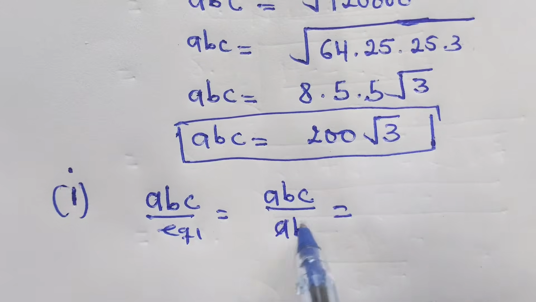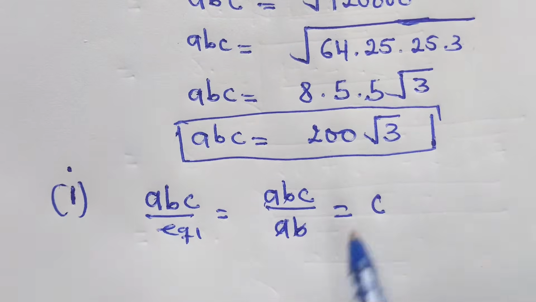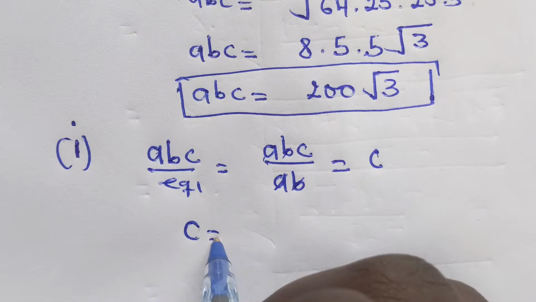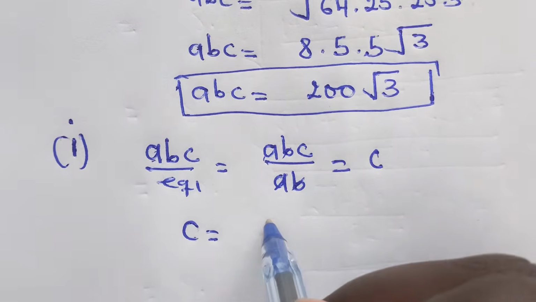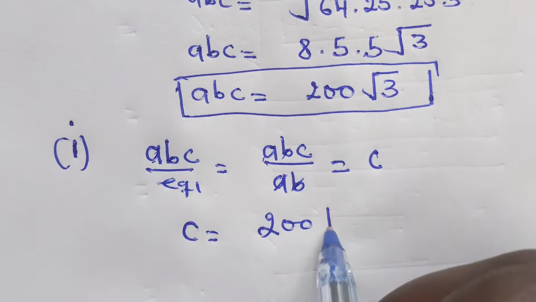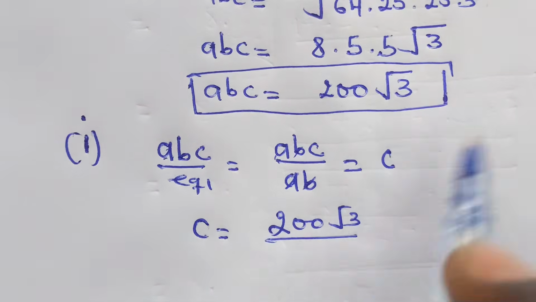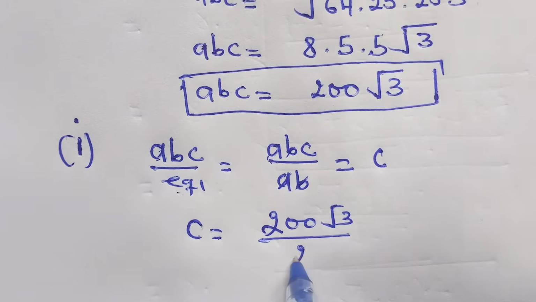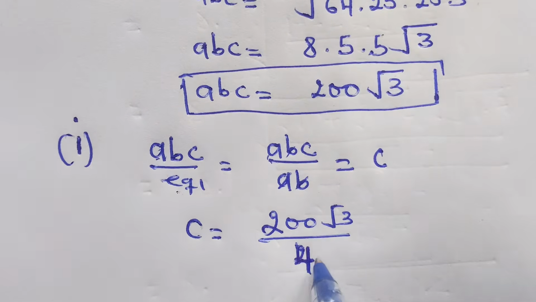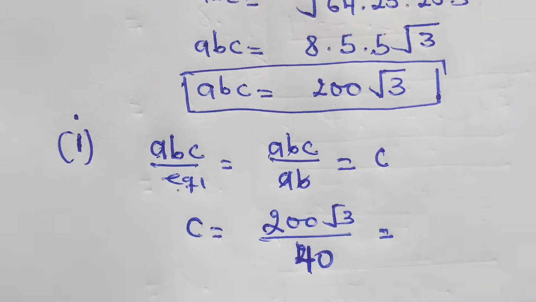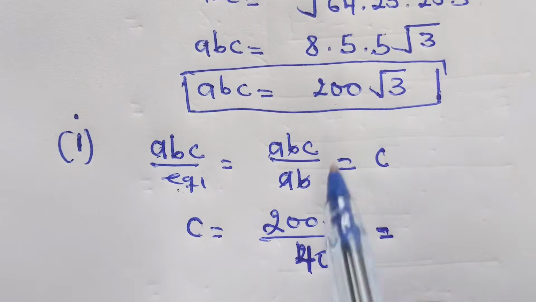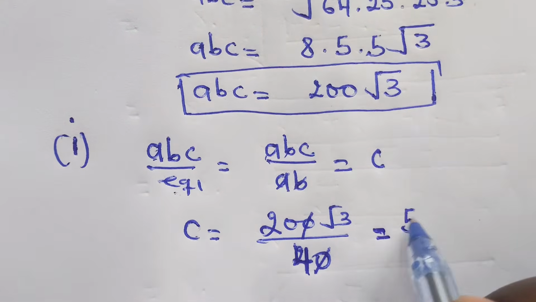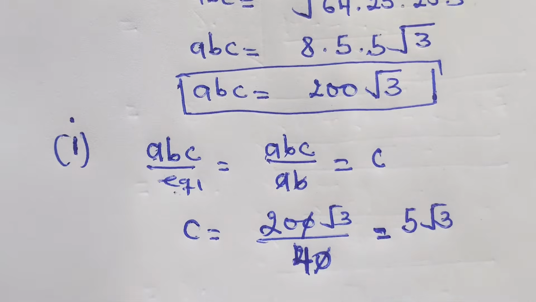By cancelling, we shall get C, to mean that C equals ABC, 200 square root of 3, over equation 1, which is AB equal to 40, so that C equals 20 divided by 4, equal to 5 square root of 3.